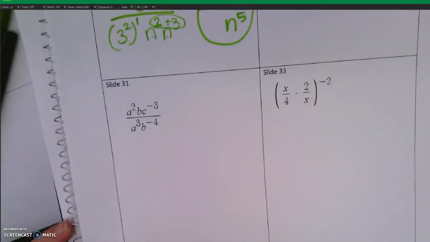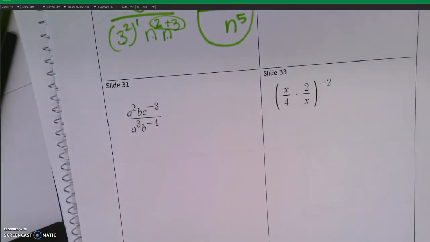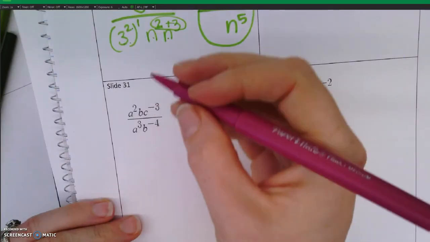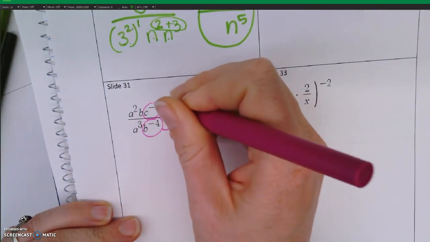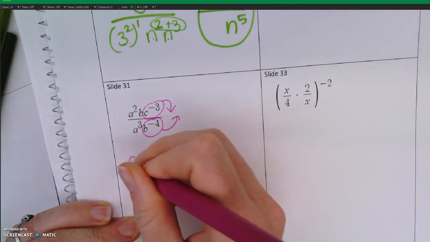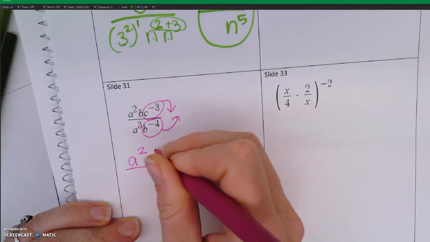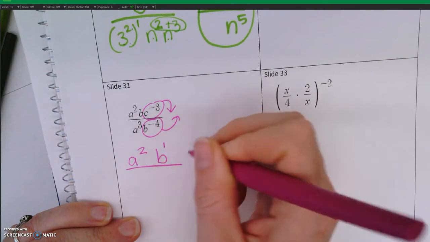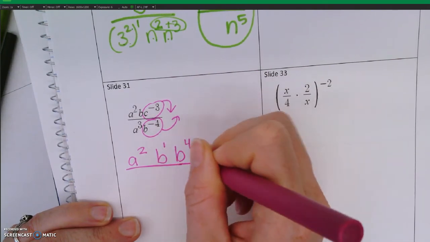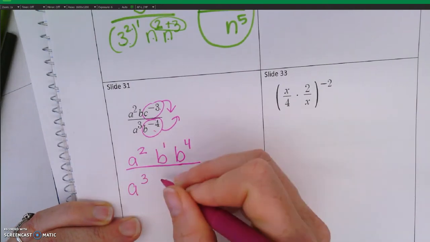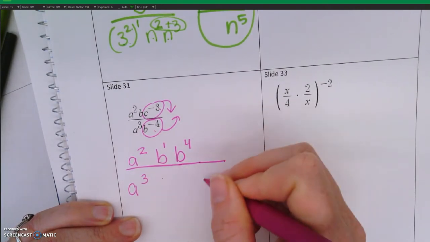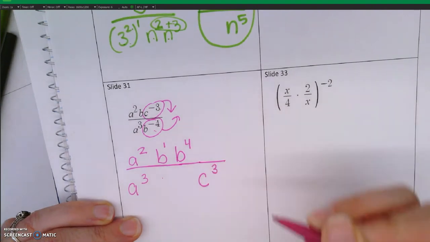Moving on to slide 31, again, I'm going to make all of my negative exponents positive by crossing the line and changing the sign. So I'll have a squared, b to the first, b to the fourth will come to my numerator. In my denominator, I'll have a cubed. There's no b values, but there is now c to the third.